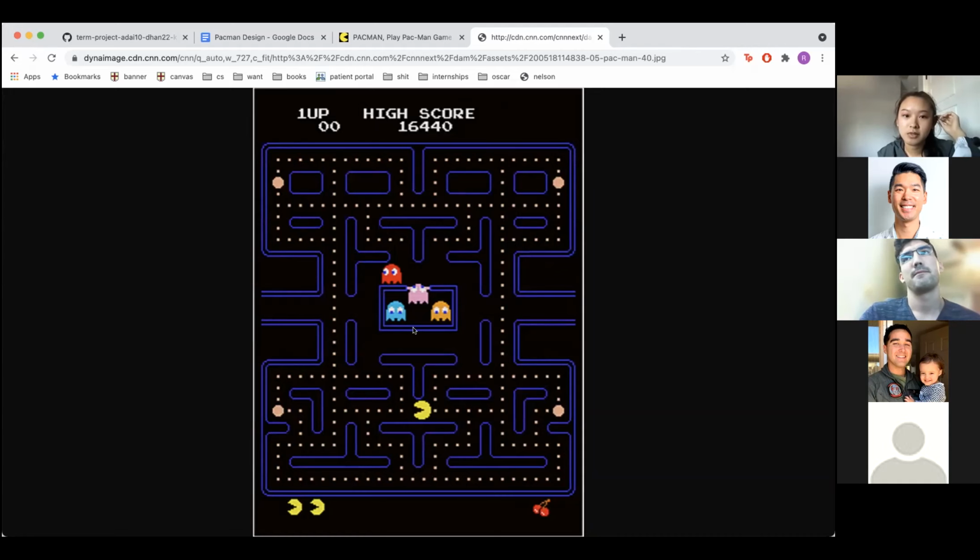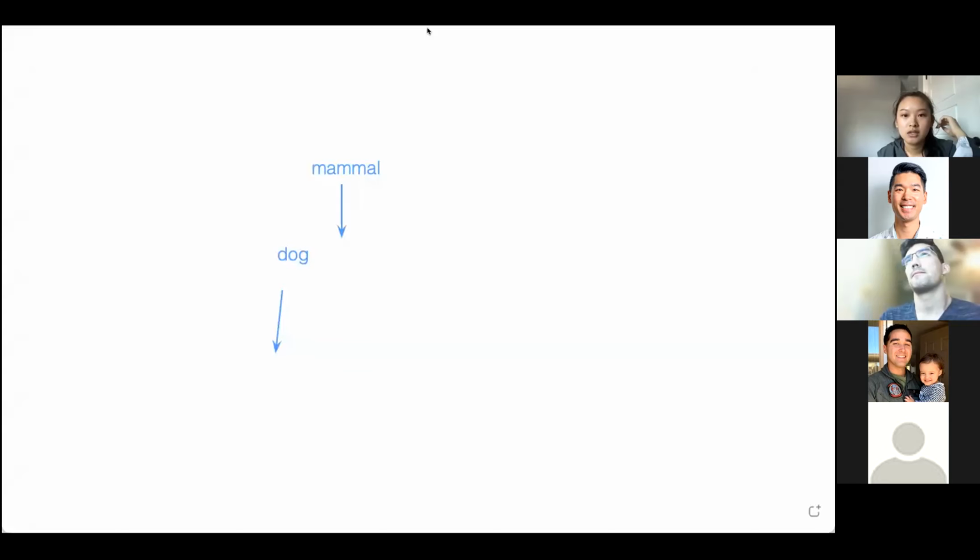Okay, so we just listed out a bunch of objects. Now let's try to organize them in a way that makes sense. Can everybody see my whiteboard? Yep. Perfect. So at the very top, we might have our app or runner class.